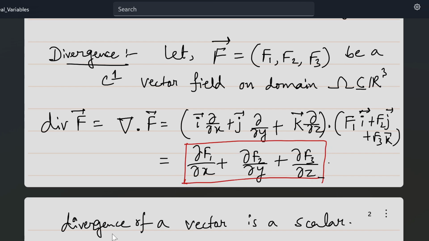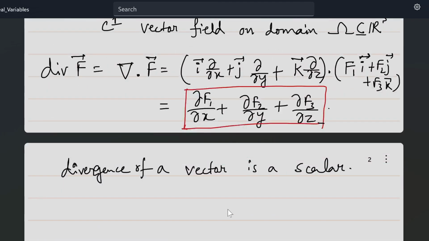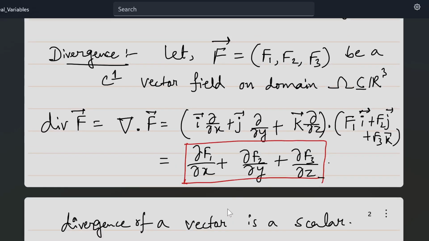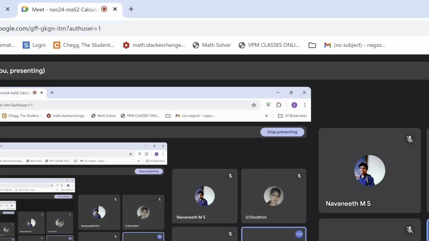So divergence of a vector is a scalar. Can you tell me its physical interpretation? Physically, what does it mean? Anyone? Abhitotha Roy.